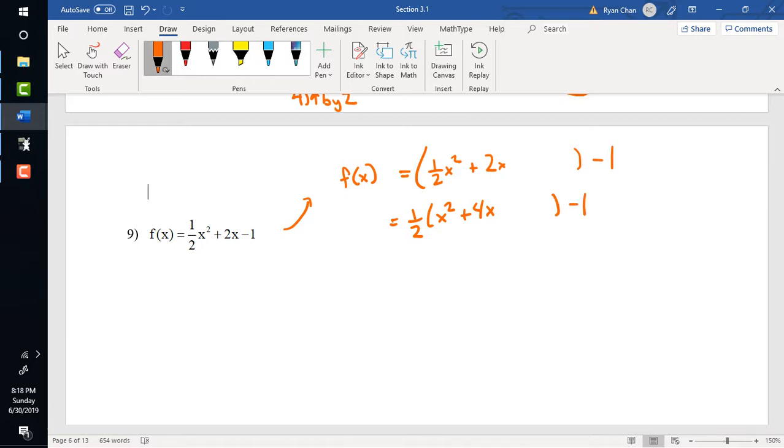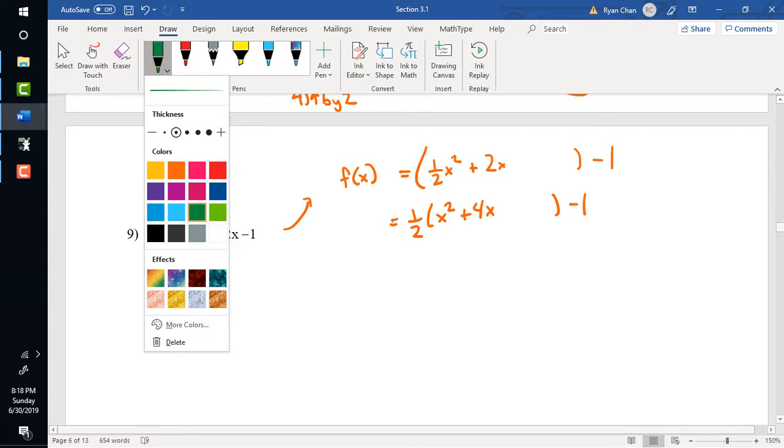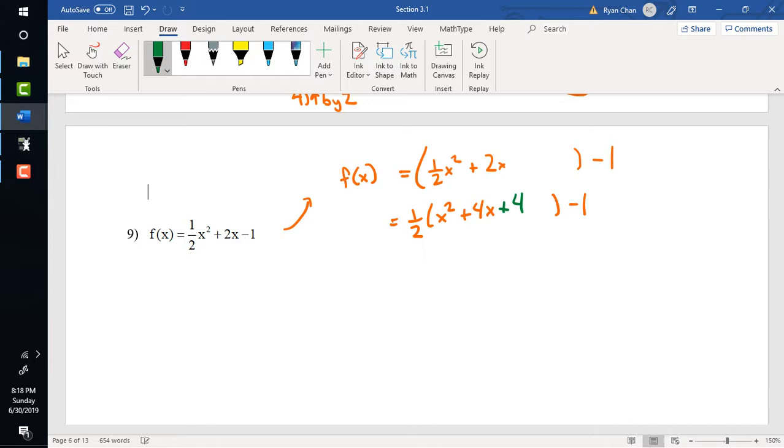So we need to think about our special number that makes it a perfect square. It's going to be 4 this time because 4 divided by 2 is 2. 2 squared is 4. And then once again, if you're not sure, make sure you follow this rule right here. Now remember, let me just rewrite this part again.